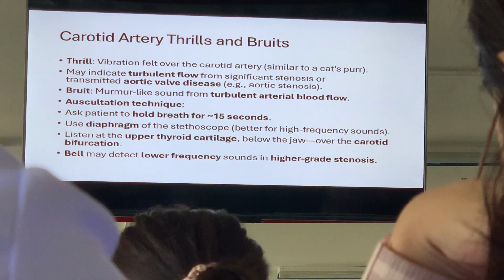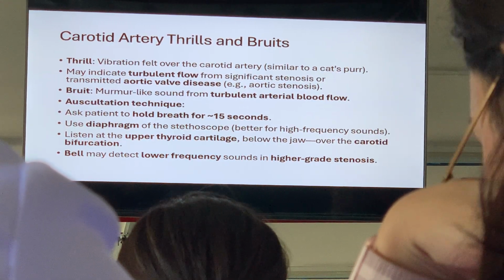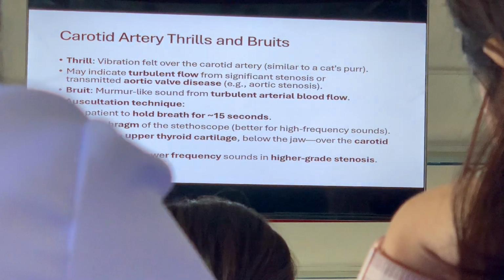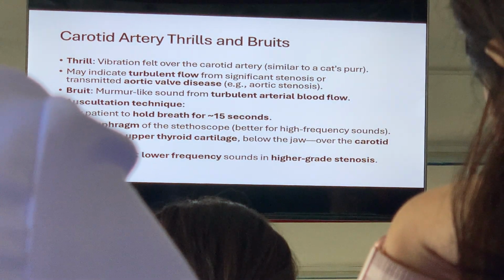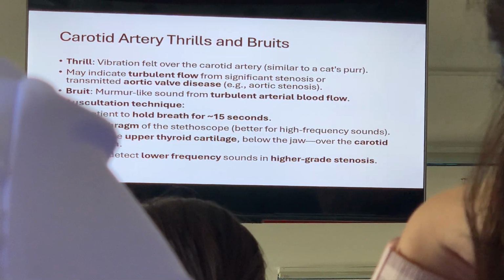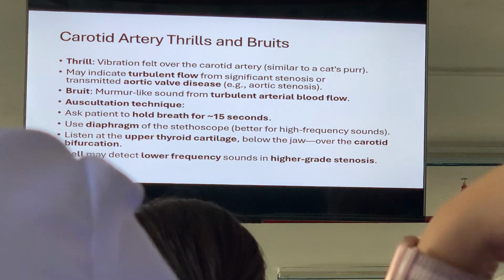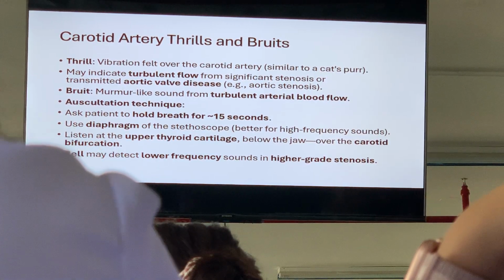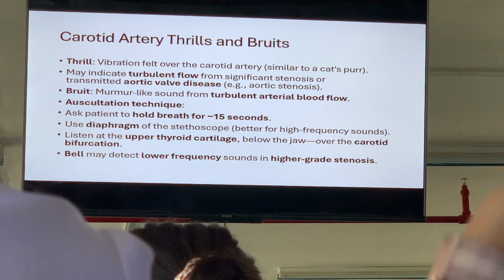Of course, when the lumen is not smooth, there is always a problem with the flow of, let's say, water, so it will cause disturbance. So in a patient with atherosclerosis, that will cause thrills. Or with stenosis, the blockage will cause a thrill. It usually really sounds like a cat's purr when you listen to the carotid artery.